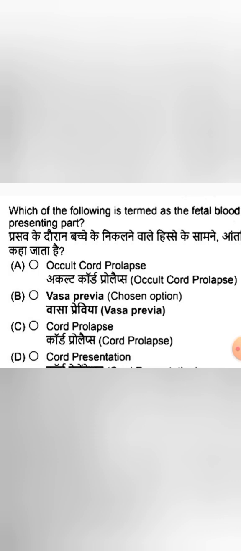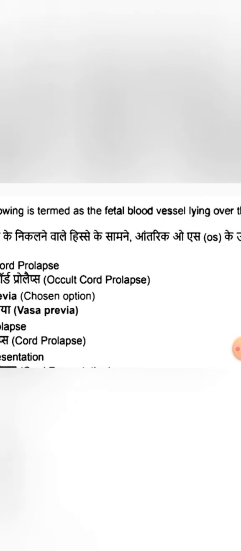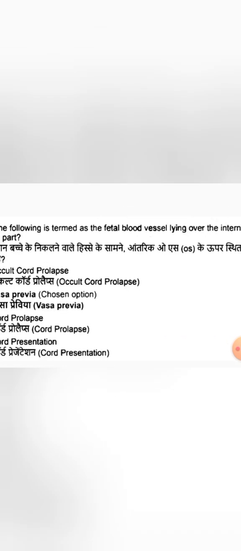Which among the following terms is termed as fetal blood vessels lying over the internal os in front of the presenting part? And the correct answer is vasa previa. Vasa previa means the fetal blood vessels lying over the internal os in front of the presenting part. Option B is the correct answer, vasa previa.